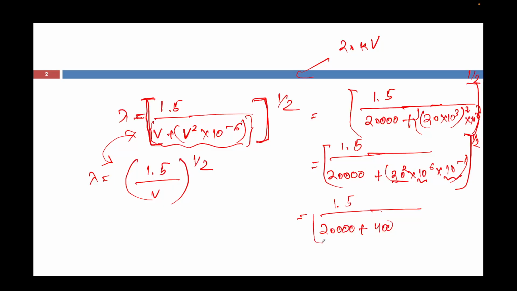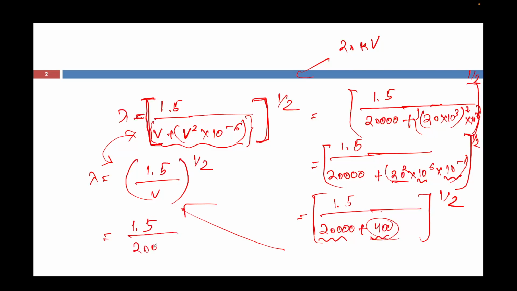So this expression would eventually be to the power 1 by 2. Here we are getting one value as 20,000, another value as 400. So 20,000 is far larger than 400. That is why, instead of putting this 400 in the expression, you can directly use the expression which will be close to 20,000, and the expression would be to the power 1 by 2.